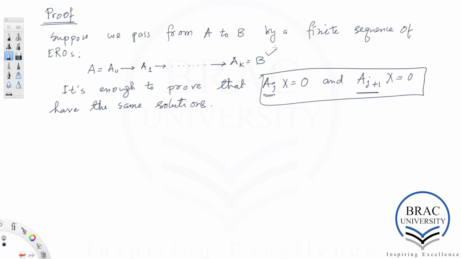So it means that it is sufficient to prove this case for a single elementary row operation. Suppose that B is obtained from A by a single ERO.